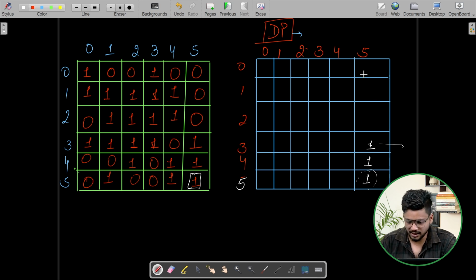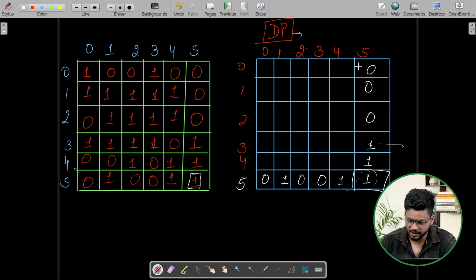So at the last row and last column you have to put the same values as in our original matrix, because you can see over here only one size is possible. If it is a 1, then only a size one matrix can be formed from here. Now let's talk about the rest, so this is the simple problem.